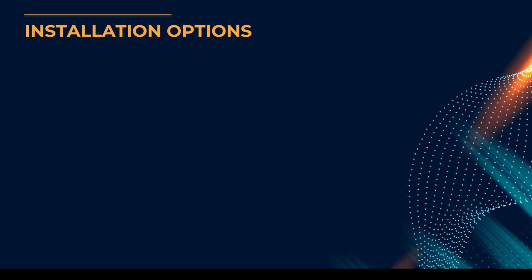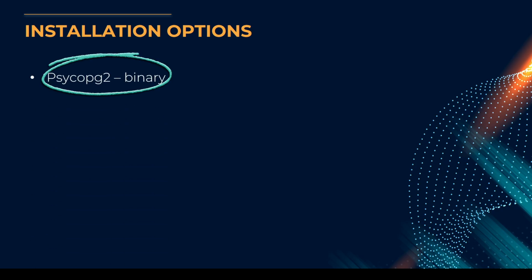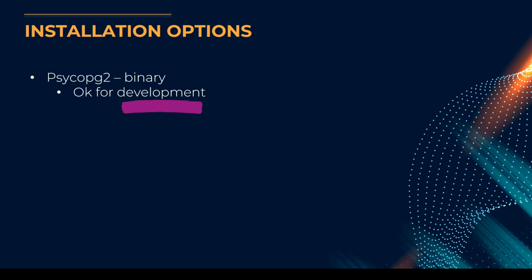The first option that lots of people take is to just install a package called psycopg2-binary. This is recommended for development, or at least it's okay to use for local development. However, it's not recommended if you are deploying your application to a production environment.